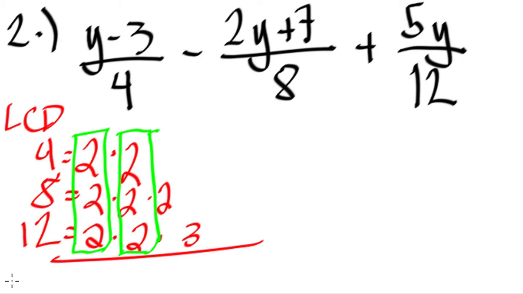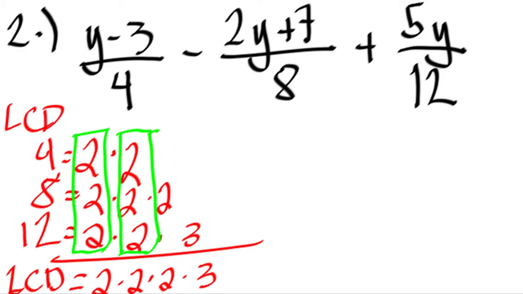So the LCD, least common denominator, is equal to 2 times 2, times this 2 here outside, times 3.